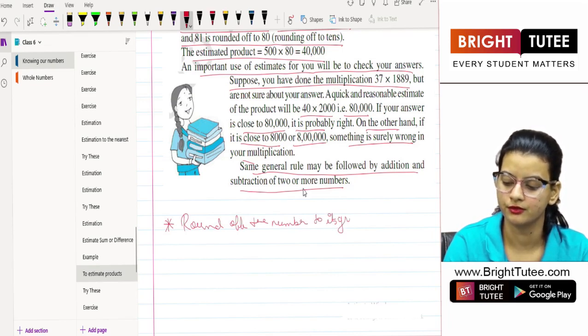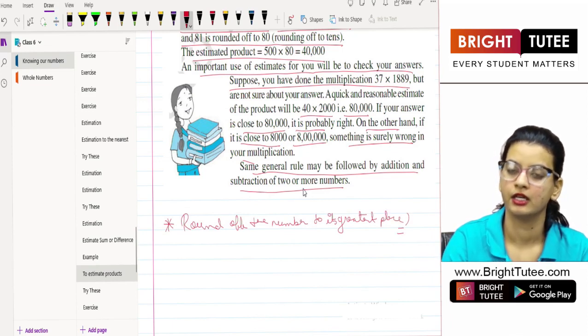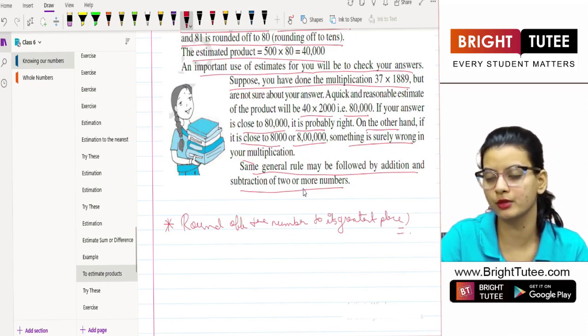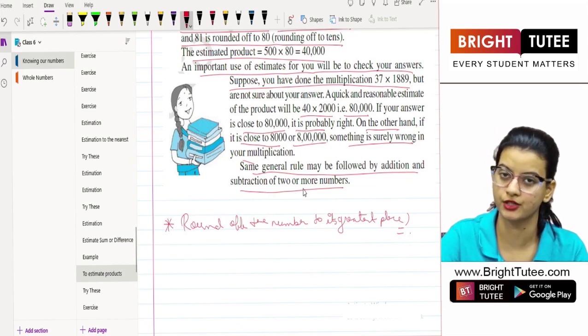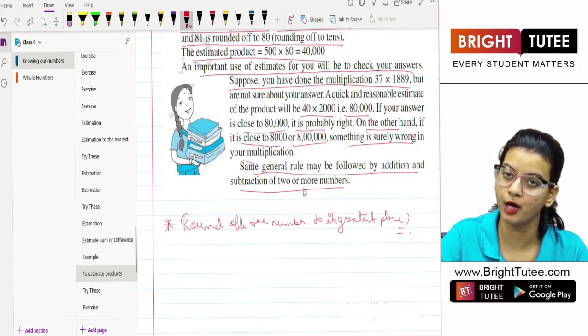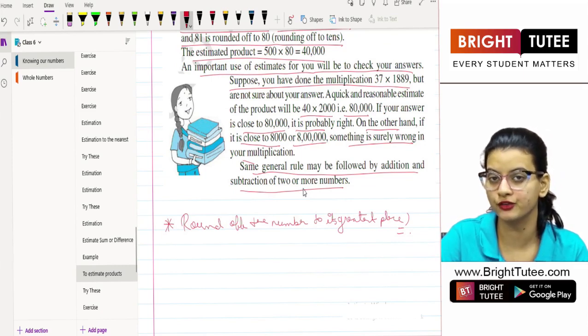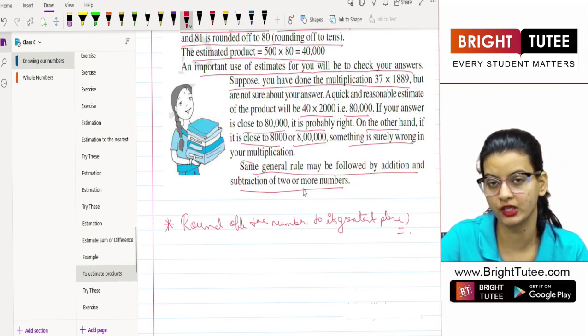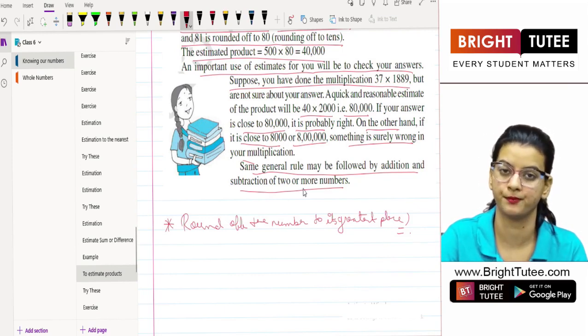If you round off the number to its greatest place and then perform addition, multiplication, subtraction or division, whichever mathematical operation you perform, you will get a quicker answer and a good approximation, a good estimate from your answer.